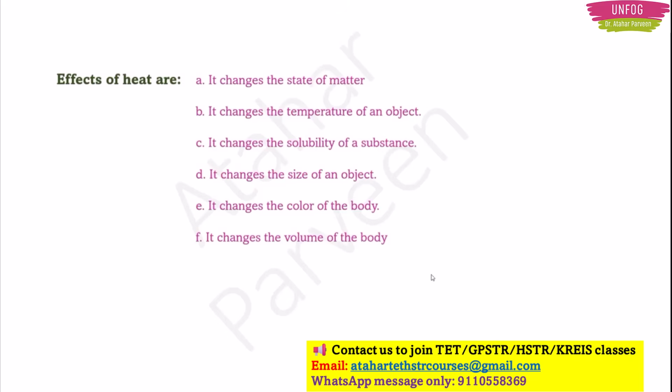Then it can change the temperature of an object. Obviously, if you are heating it, then the temperature will change. We will talk about what temperature is also now. Then heat changes the solubility of a substance. It changes the size of an object. It changes the color of the body and it also changes the volume of the body. So these are all the effects which heat can have on a substance or matter or an object. Okay.